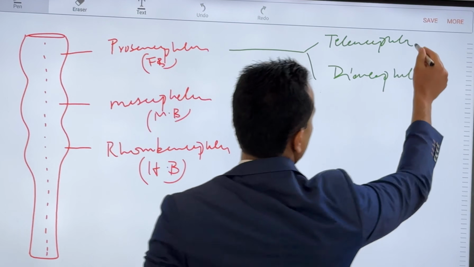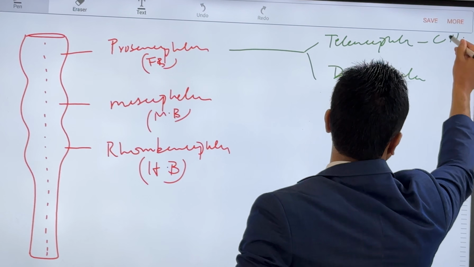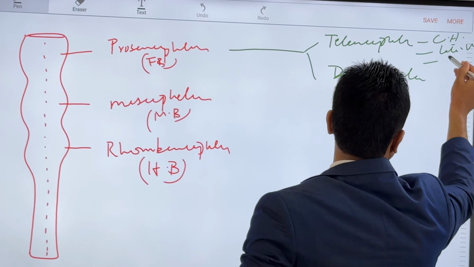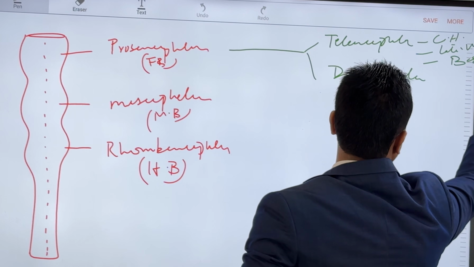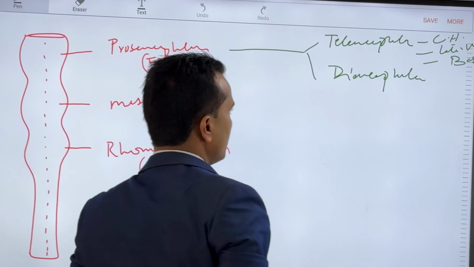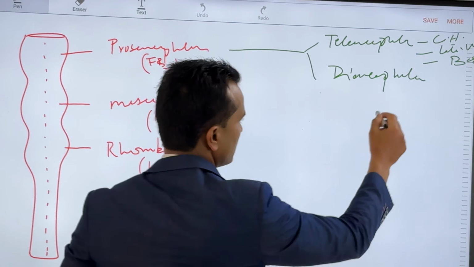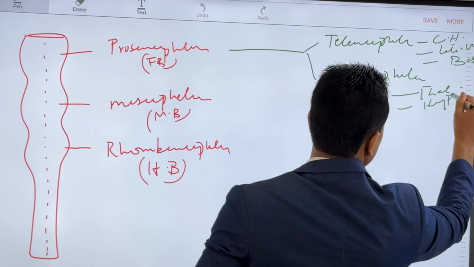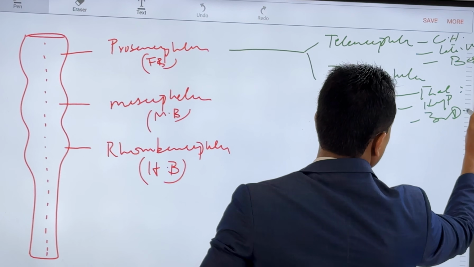So in the telencephalon we have cerebral hemispheres, lateral ventricles, and then basal ganglia structures. And in the diencephalon we have thalamus, hypothalamus nuclei, and then the third ventricle.